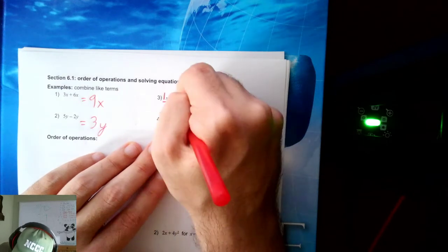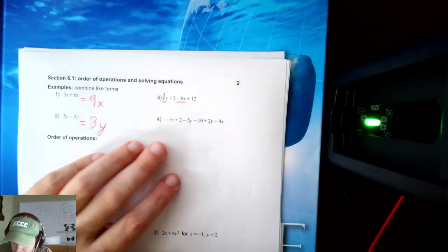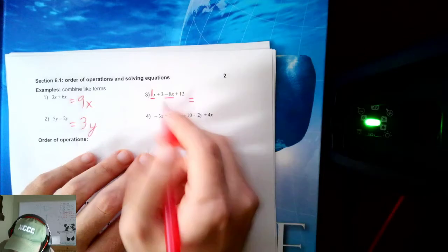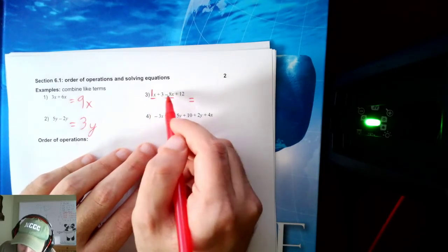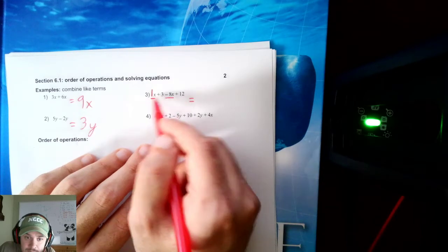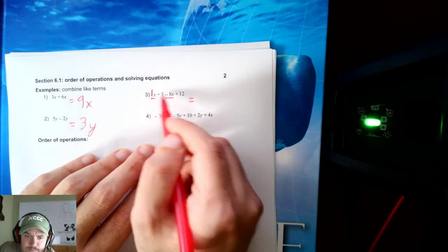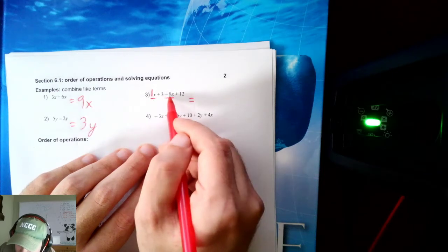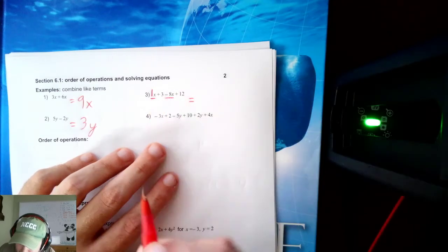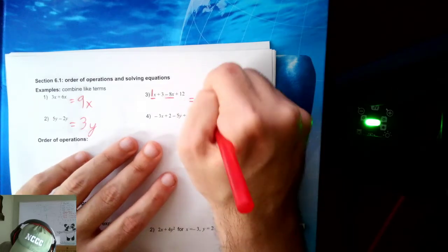Minus 8x. That is a like term. So when I go to write my answer, I combine these like terms. What is 1x minus 8x? Be careful of the signage. We're doing 1 minus 8. This plus is on the 3. The minus is on the 8, right? What is 1 minus 8? Well, 1 minus 8 is negative 7x.